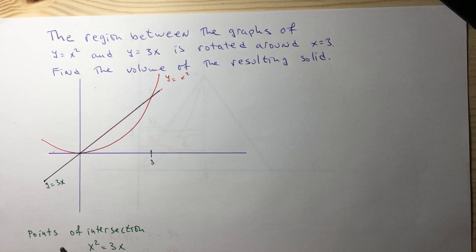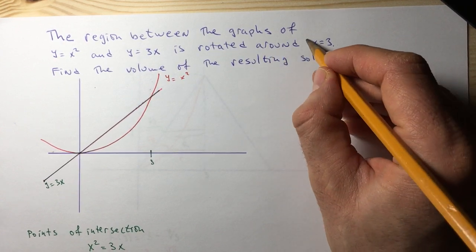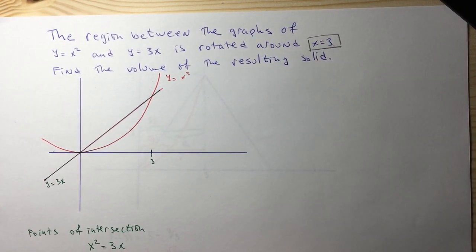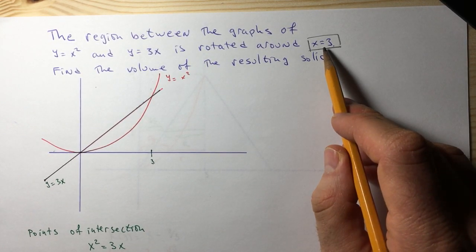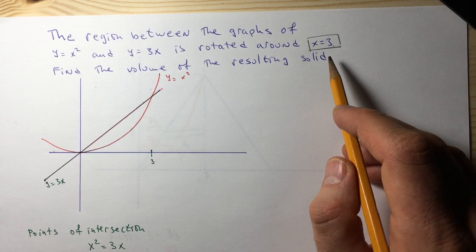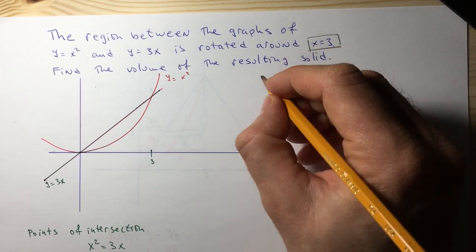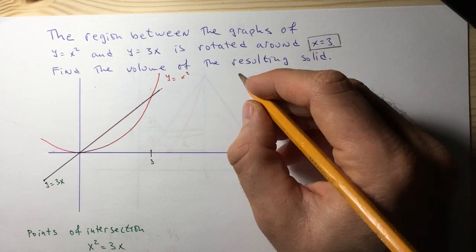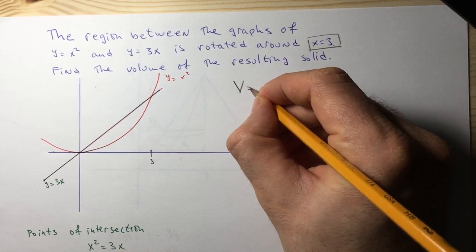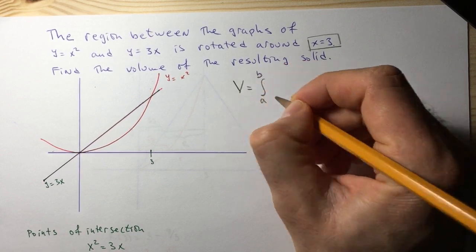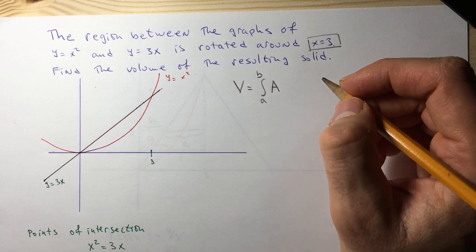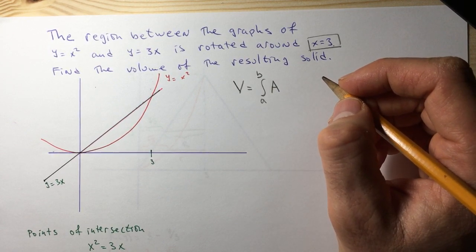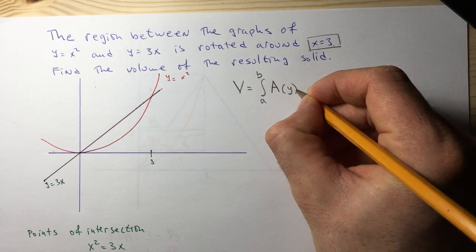Okay. The first thing that we want to point out here is that now we're doing a problem where we're rotating a region about a vertical line. x is equal to 3, it's a vertical line. What does that mean? Right away we have to put it in our head that finding this volume is going to be the definite integral from a to b of the area of the slice of the solid, whatever that's going to result, either a disc or a washer, but in terms of y, dy.